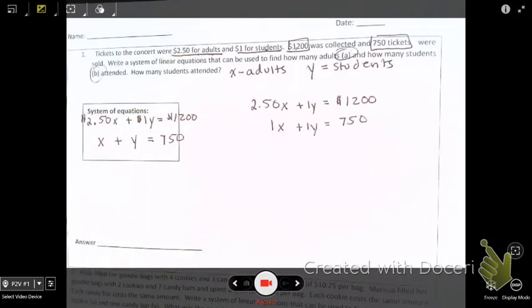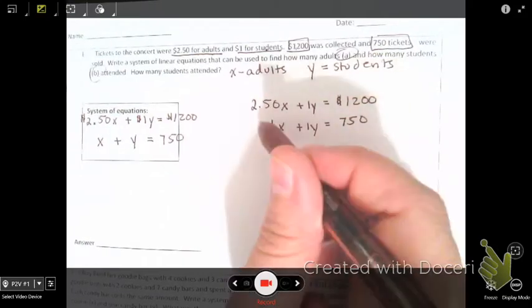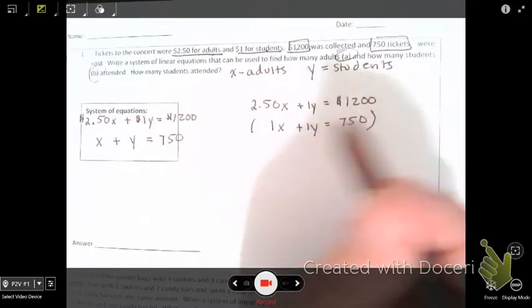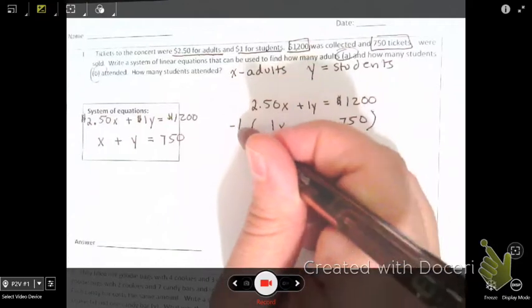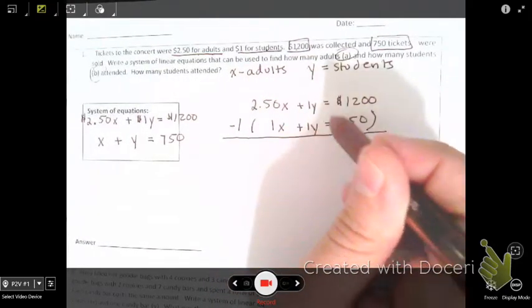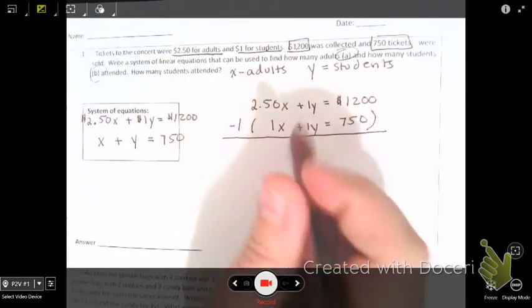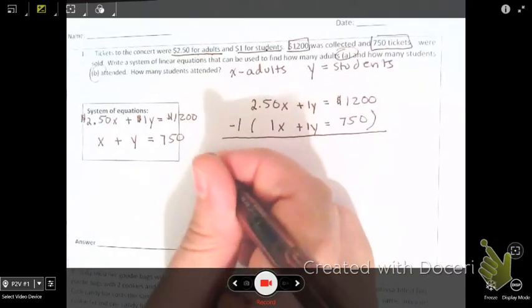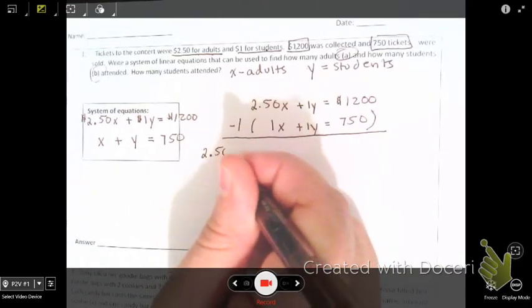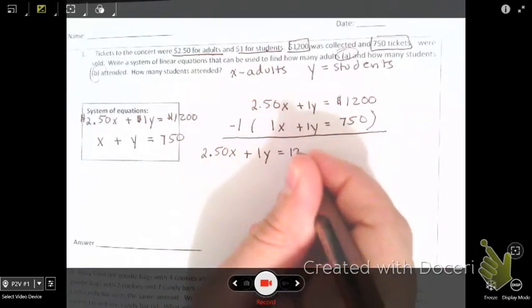All right. If you've attempted to solve and you can't, here's what I would do. I would take this bottom equation and multiply it by a -1. You could do a -250, but I'm going to eliminate my y's because they're both the same sign. If I do the opposite of that, I can get the y's to eliminate. So 250x plus 1y is equal to $1,200.